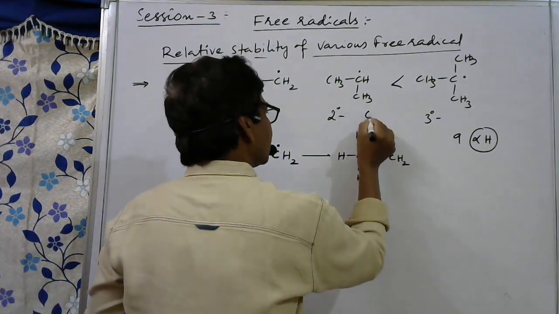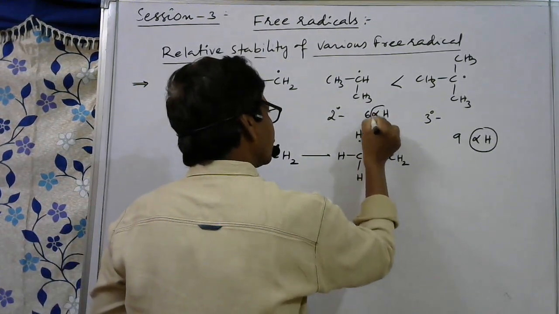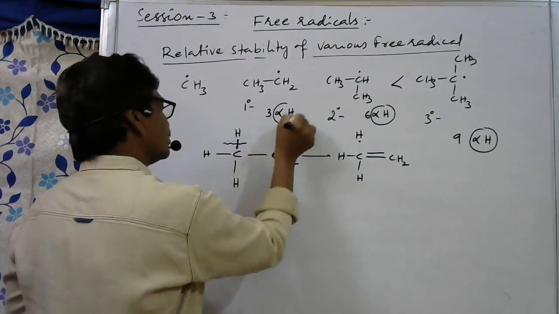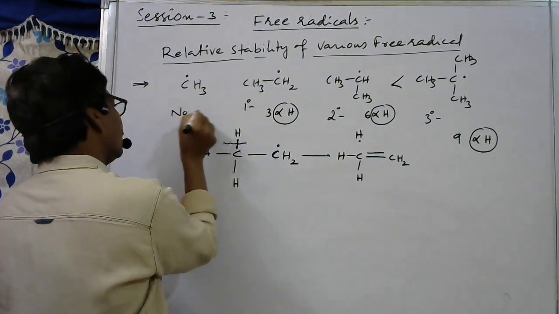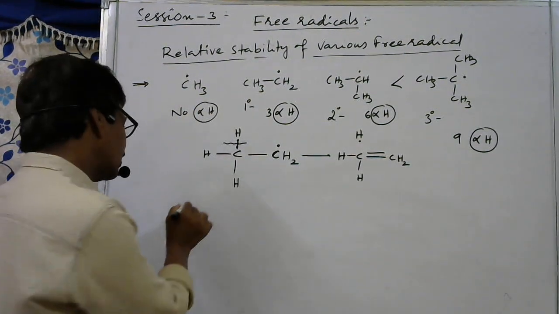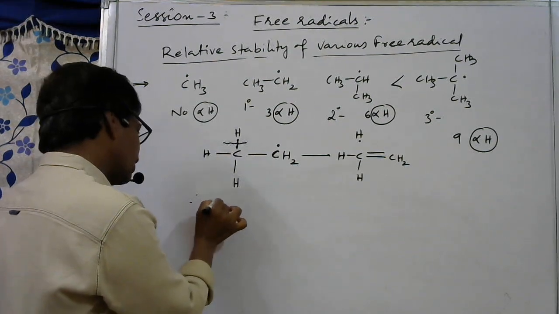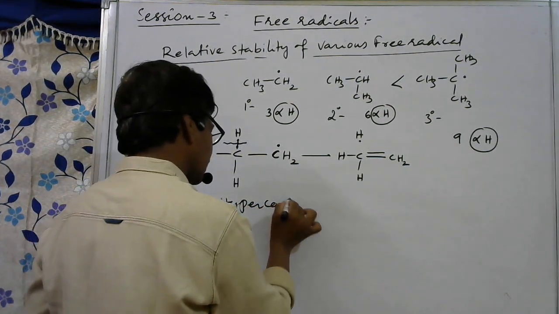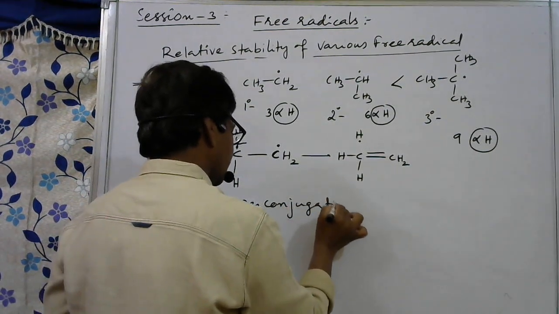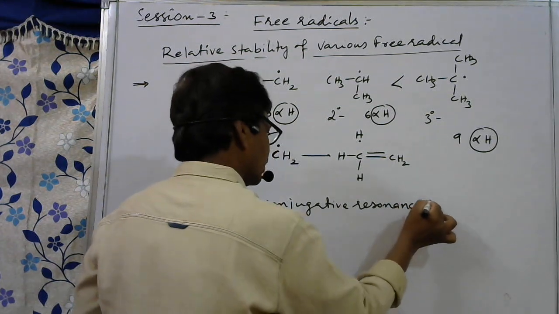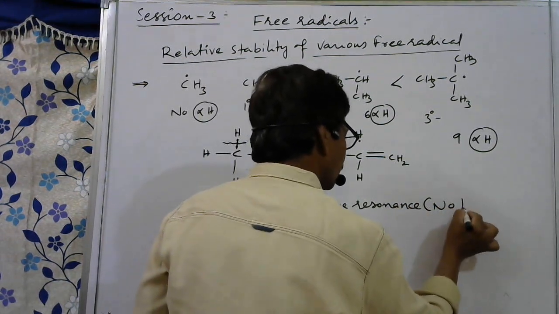Here 6 alpha hydrogens. Here 3 alpha hydrogens. Here no alpha hydrogens. So therefore here hyperconjugative resonance forms. Hyperconjugative resonance means simply we can write no bond resonance.